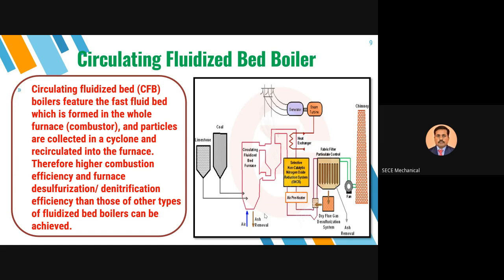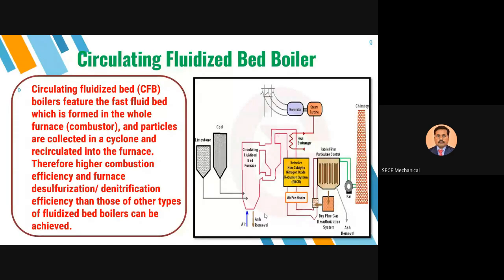Due to the effect of this cyclone recirculation, we can avoid the nitrification effect. If the fly ash and air do not circulate, the NOx level and sulfurification level increase. So to minimize the nitrification and sulfurification, we are introducing the cyclone collector.